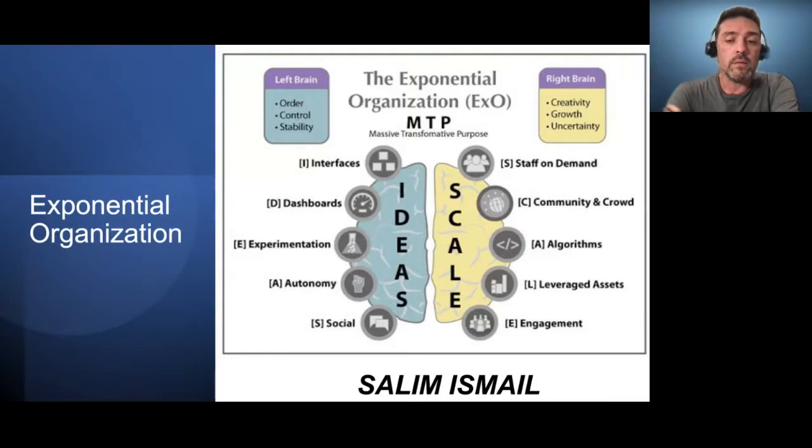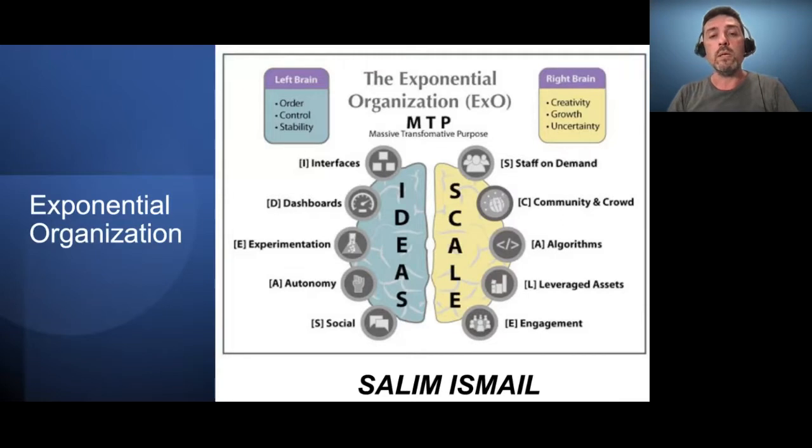There is another thinker, Salim Ismail, who is a partner of Peter. He is also one of the founders of Singularity University, and wrote a book about the exponential organization. And this is another part that we need to think about when we are creating exponential products.